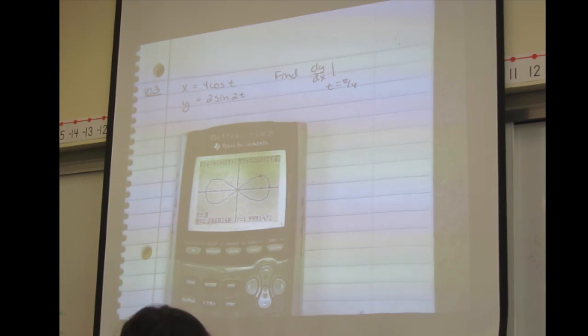Then just do pi divided by 4. Look what the slope is: 0. So you actually have a horizontal tangent line up there. Value gives you your x and y coordinates at a particular time, and dy dx gives you the slope of the tangent.